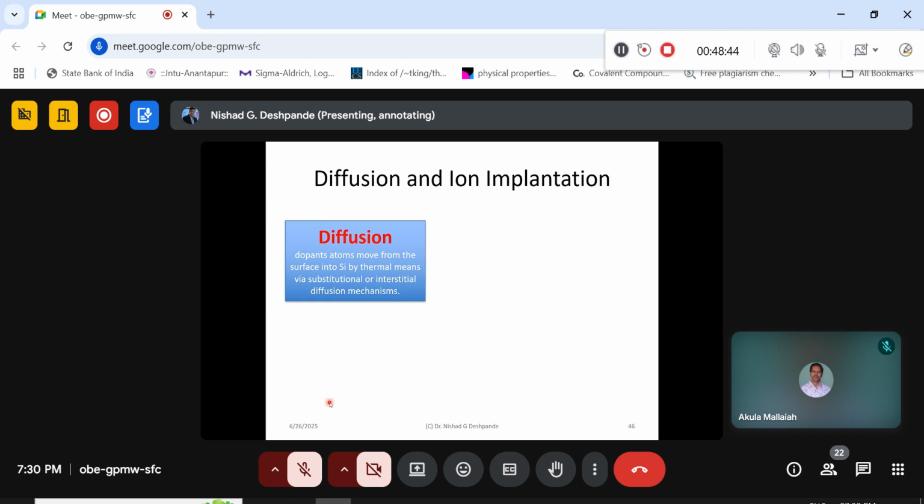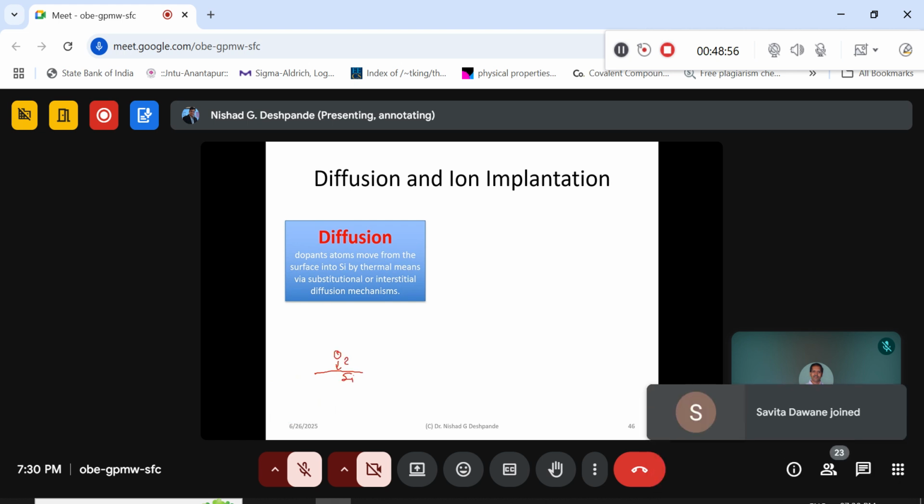Okay, so I was just mentioning that this is the silicon surface, and you have oxygen that was moving inside. Now what is happening at this particular surface, this oxygen is moving inside.